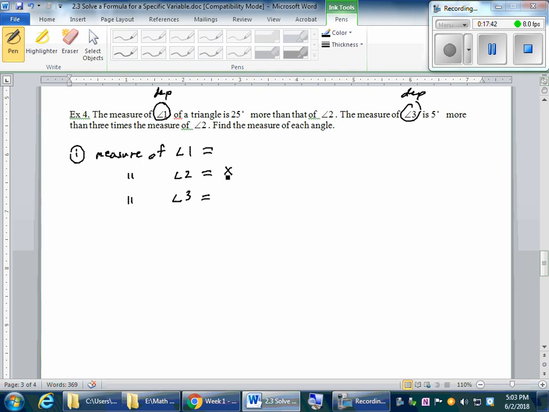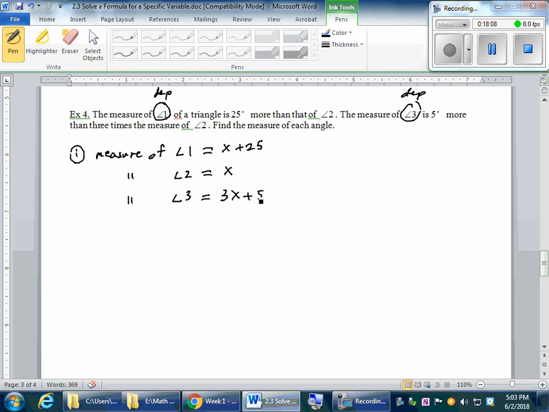Now we can translate it from here. Angle 1 is 25 degrees more than angle 2, so it will be x plus 25. Angle 3 is 5 degrees more than 3 times the measure of angle 2. So 3 times angle 2 and then 5 degrees more than that.